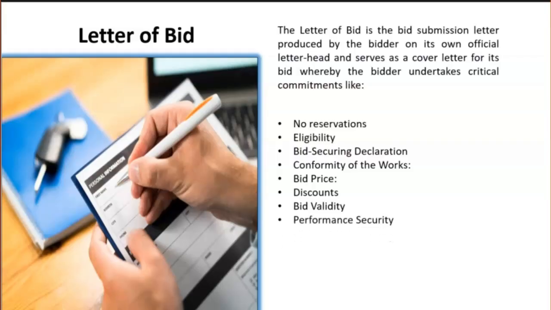Performance security. The bidder commits to obtain a performance security in accordance with the bidding document if its bid is accepted by the PE. One bid per bidder. The bidder here declares that it is not submitting any other bid as an individual bidder, and that it is not participating in any other bid as a joint venture member or as a subcontractor.